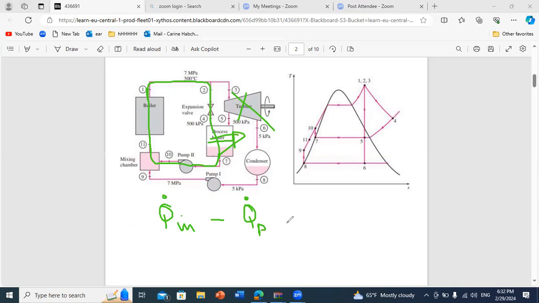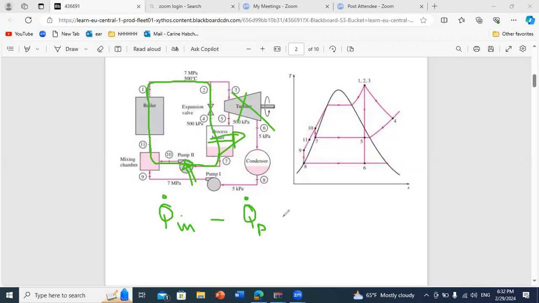And for my pump, I should supply work to function my pump. So I need to supply work here, and this work should be supplied from the energy that I have.